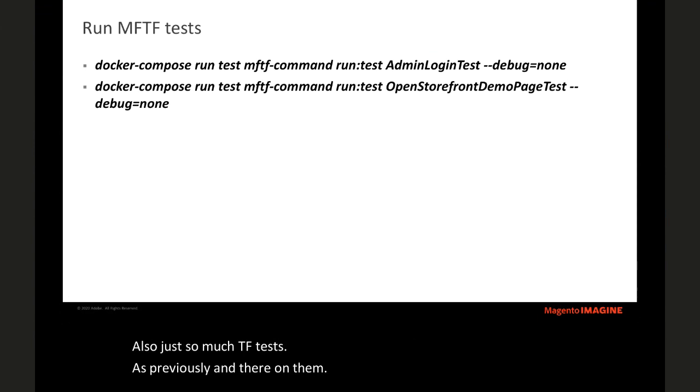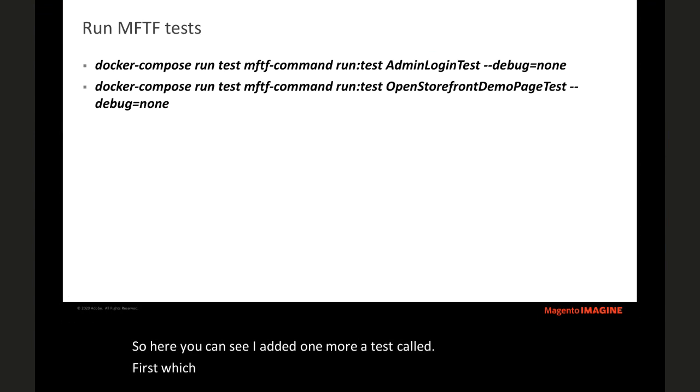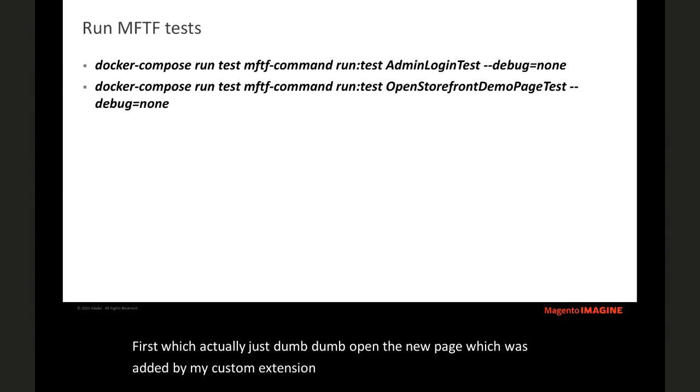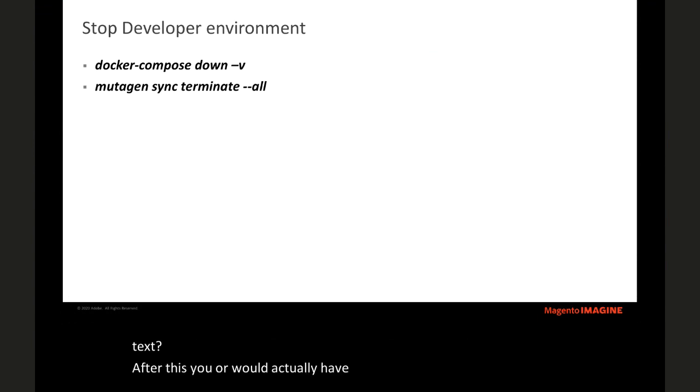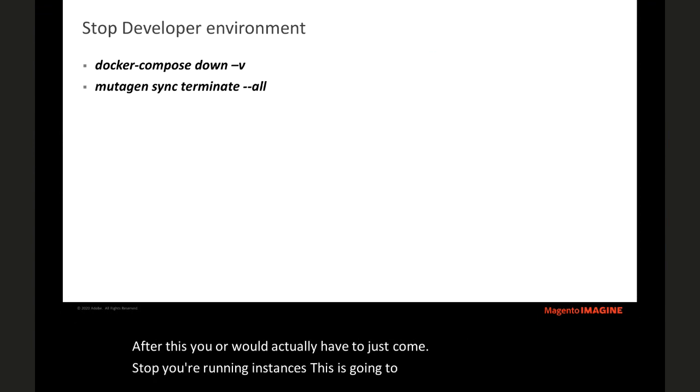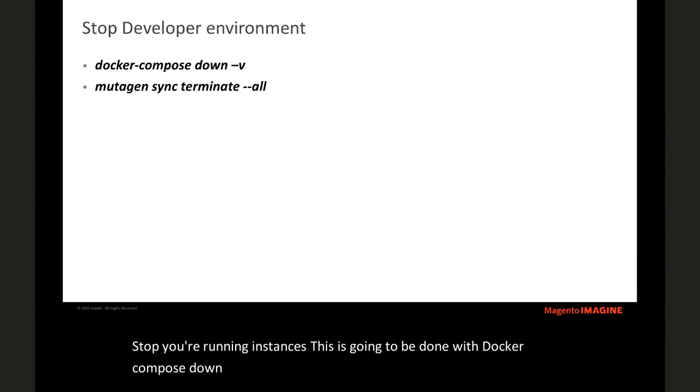Here you can see I added one more test called Opera Storefront Demo Page Test, which just opens the new page which was added by my custom extension and verifies if there is a specific text. After this, you just have to stop your running instances. This can be done with Docker compose down and Mutagen sync terminate.